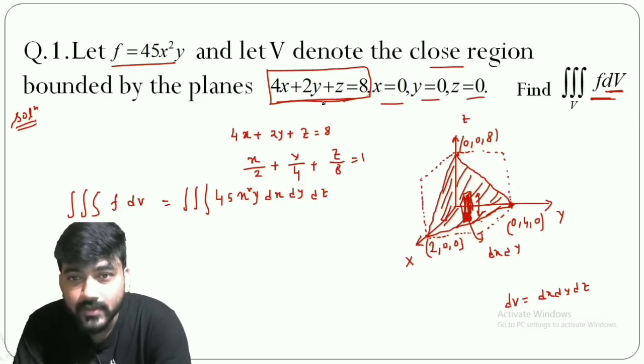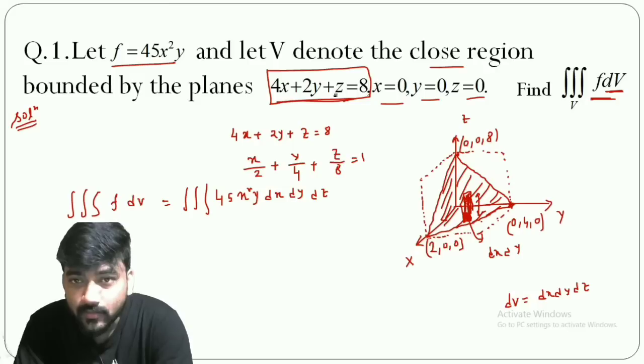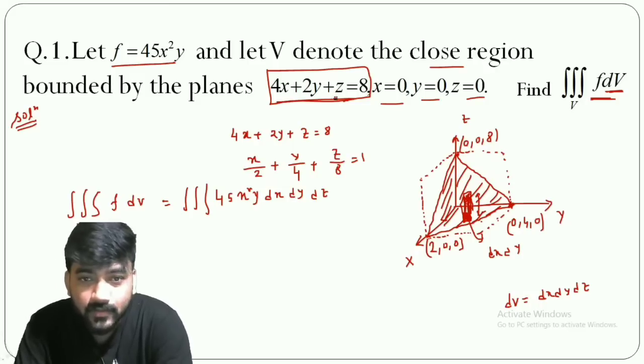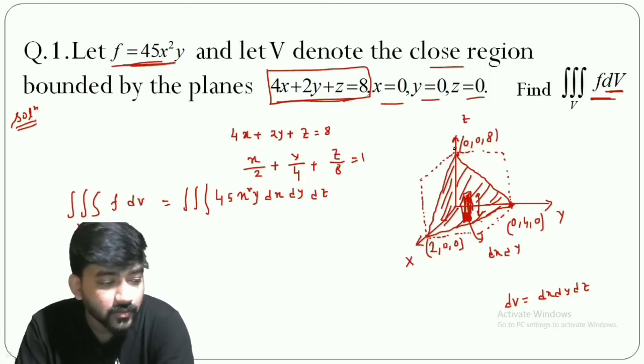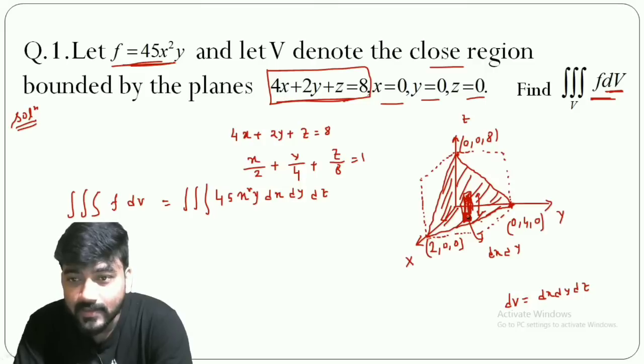You first have to find how z is varying, from head to head. But here you can see the function f is not actually a function of z. Okay, so z will simply vary from 0 to 8 along this direction, but this is dx dy.